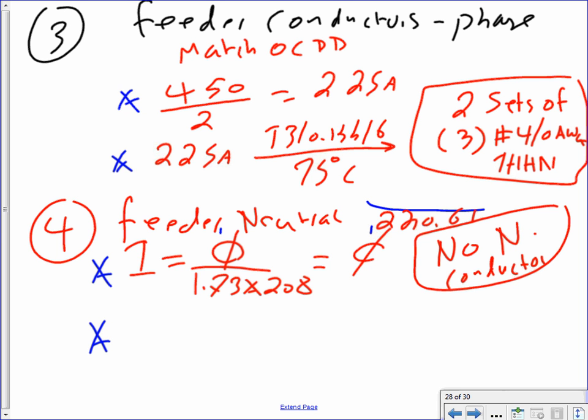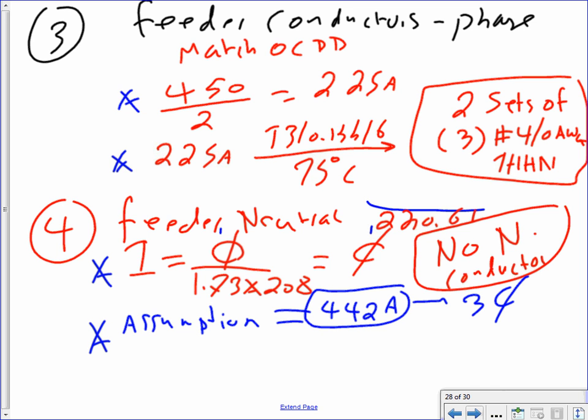I go back to the assumption. We're going to make a big assumption. My assumption is I'm going to use this amount of amps, 442 amps. You guys know where this is coming from? This is for the three-phase load. I'm going to use this to size my neutral, so I can have a neutral for this panel, instead of 0.